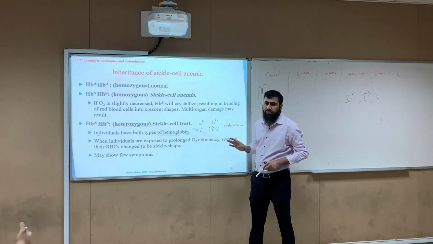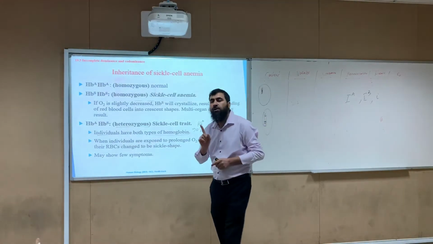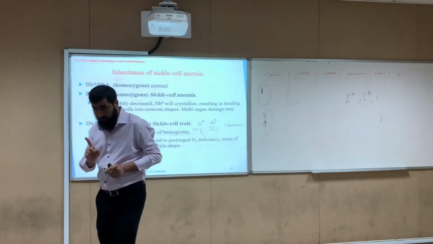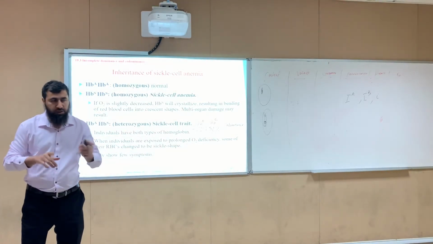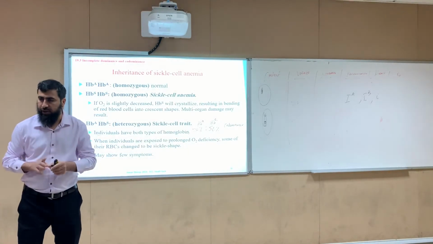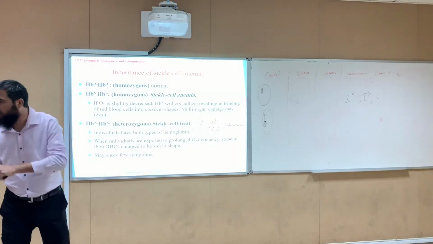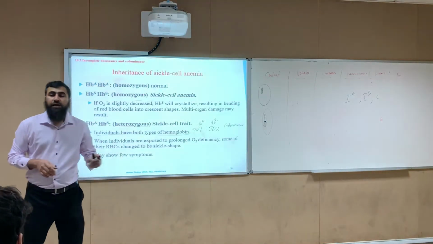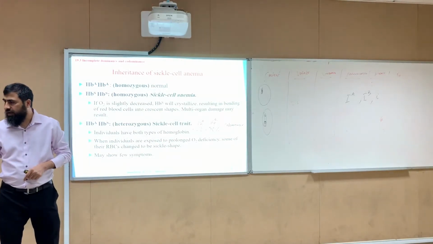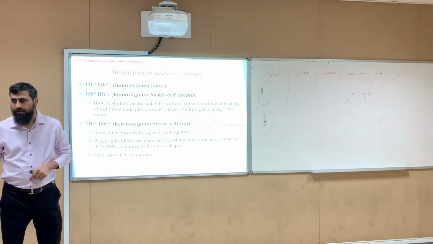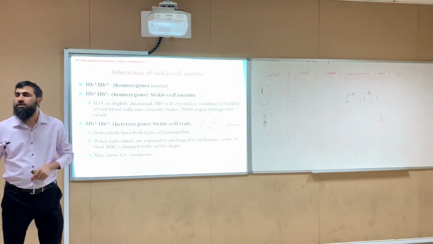But the shape is a different thing, okay? So in terms of protein, it's codominance, but in terms of the shape, we see complete dominance in normal conditions, and incomplete dominance in low oxygen, okay?